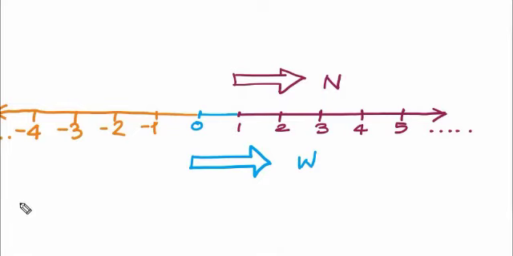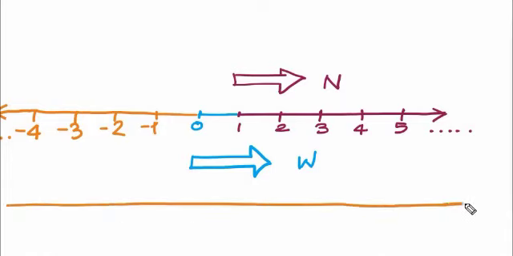Integers now go from this end to this end, and they are represented by the letter I.